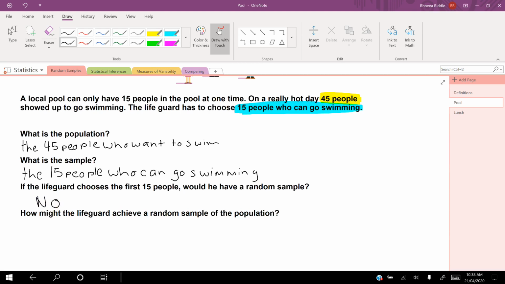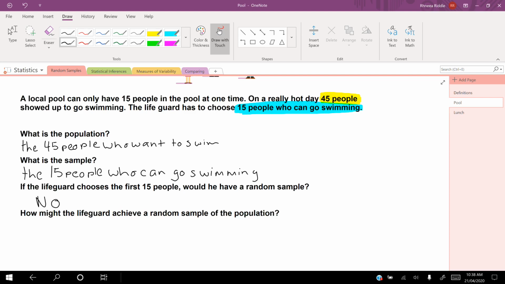Because while that 3rd and that 8th person might have the same opportunity, that 8th and the 23rd person will not have that same opportunity because they're in different portions of the line. So we have to ask ourselves, how might this lifeguard achieve a random sample of this population? How might he be able to choose 15 random people?